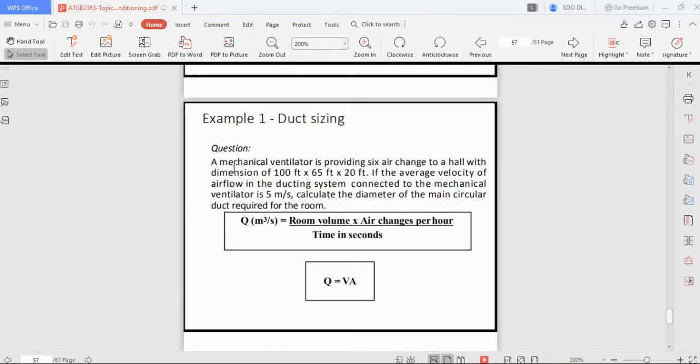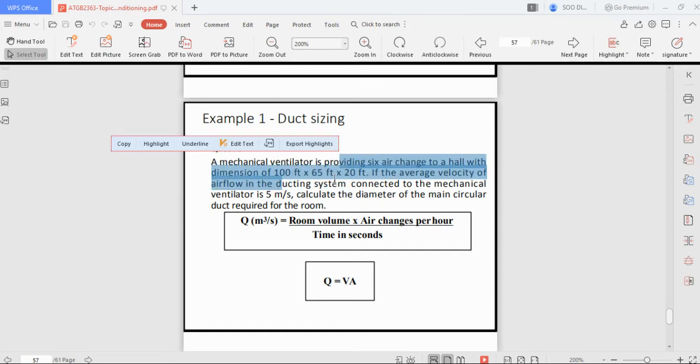So we go into this. Question 1, this is an example. A mechanical ventilator is providing 6 air changes. So this is important: 6 air changes. So in an hour, you want to have 6 changes of the air in the room, 6 times. Then this is the dimension of the hall: 100 feet, 65 feet, and 20 feet.